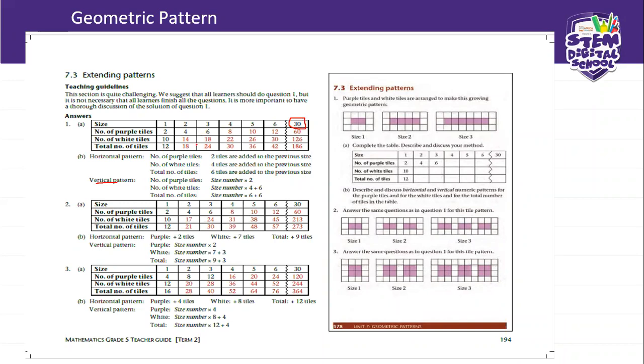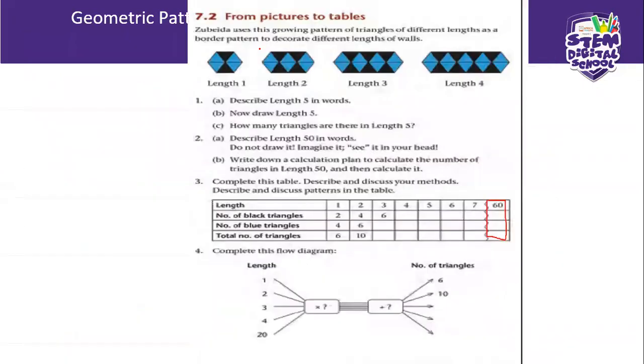Total number of tiles: 2 times 6 is 12, plus 6 is 18. 3 times 6 is 18, plus 6 is 24. You're trying to use a method that works for all of them, and it would need you to try out as many examples as possible. But because our time is gone, let me go directly to your homework.